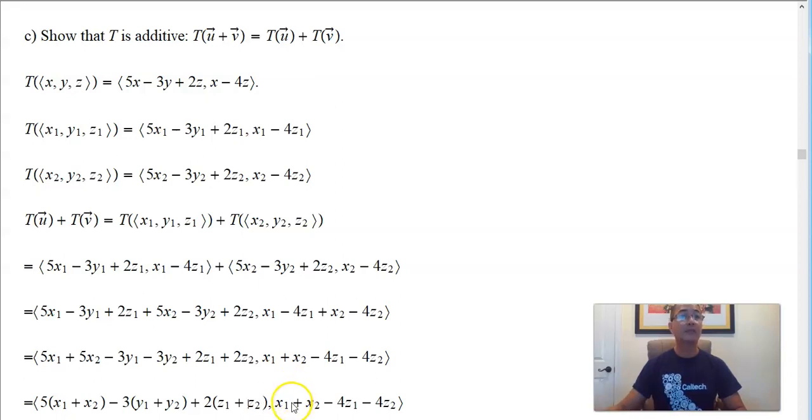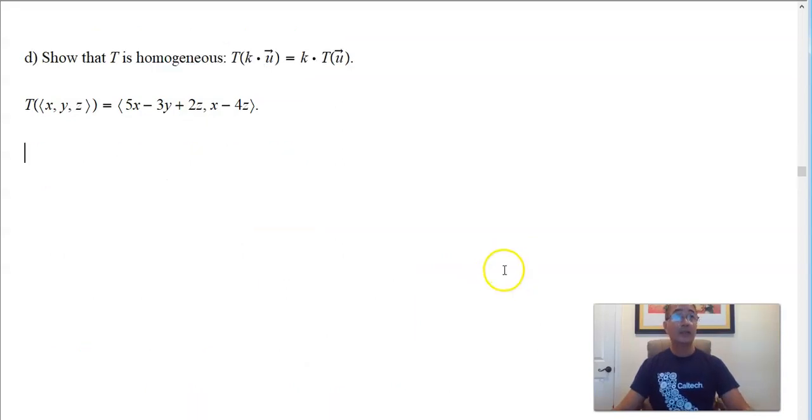That just becomes 2 times z1 plus z2. x1 plus x2 is already together. And we have minus 4 times z1 plus z2. Okay, so of course that is our P of u plus P of v, because u plus v is just x1 plus x2, y1 plus y2, and z1 plus z2.